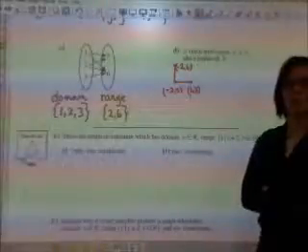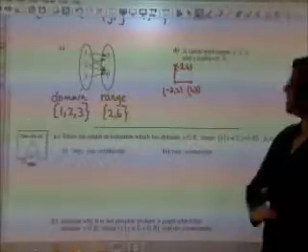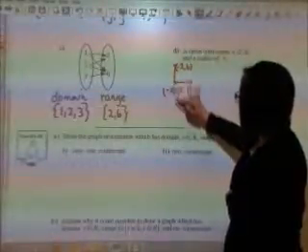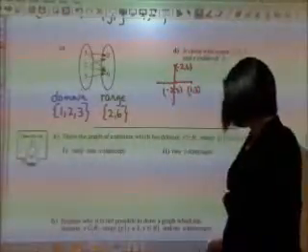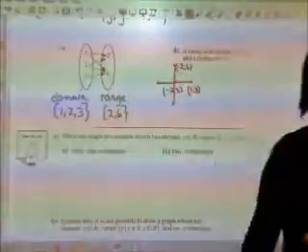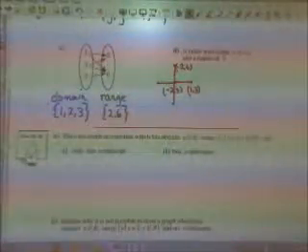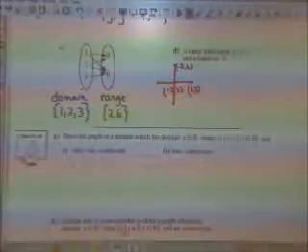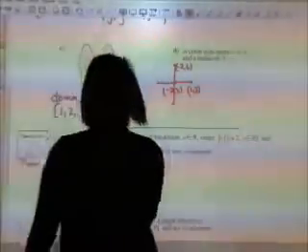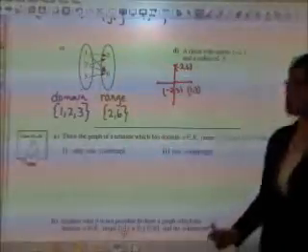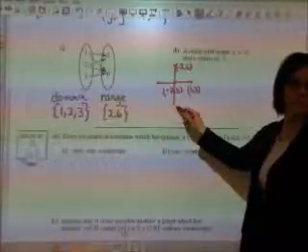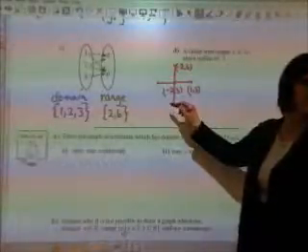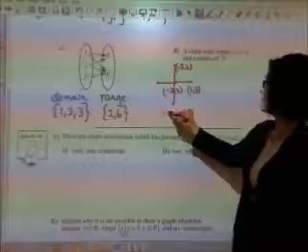Okay, so I'm going to give you a moment. I want you to do the next 2. So what would my point be down here and over here? Okay, so what is my point on the bottom? What are the coordinates of this point? Not 6.